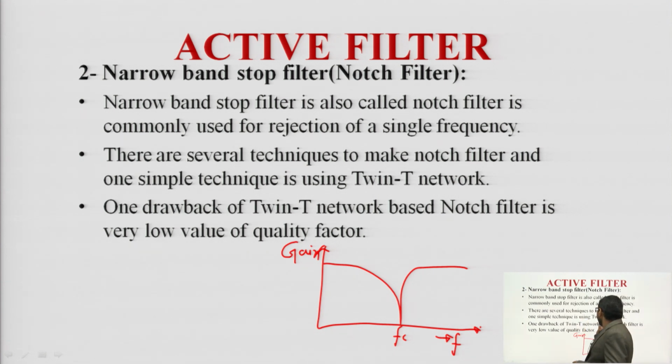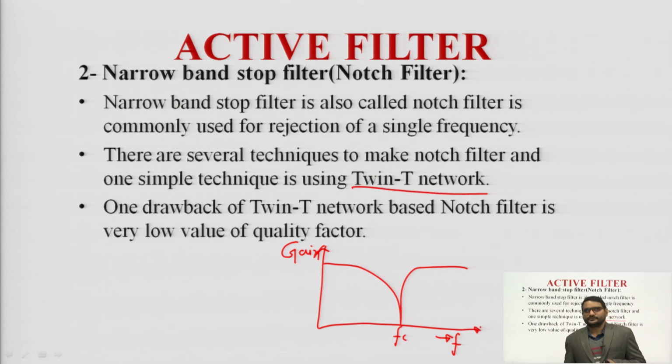There are several techniques to make a notch filter, and one simplest technique is the twin T network. Okay. There are many techniques. One conventional technique we can use is a low pass filter and high pass filter and an adder circuit. But the most popular is the twin T network. Okay.